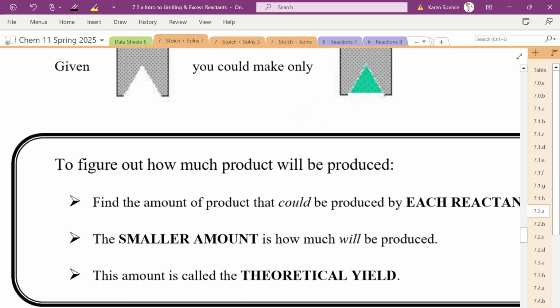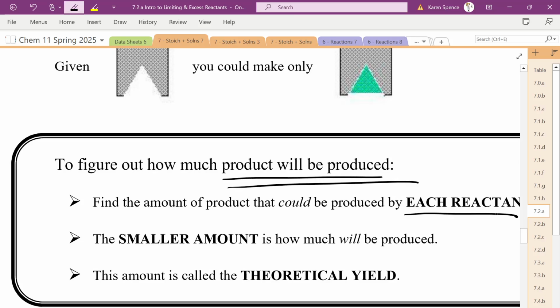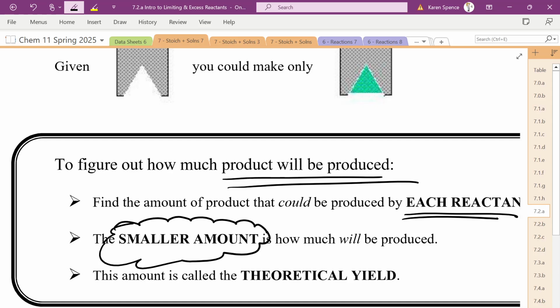So when we're figuring out how much product will be produced, find the amount of product that can be produced by each reactant, and whichever is the smaller amount is how much will be produced. So for any of these questions, you will be doing 2 calculations, okay?